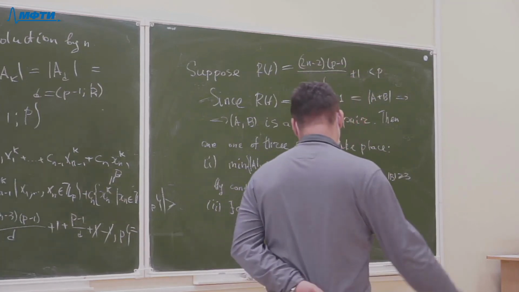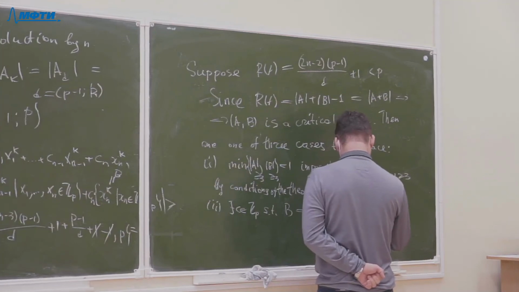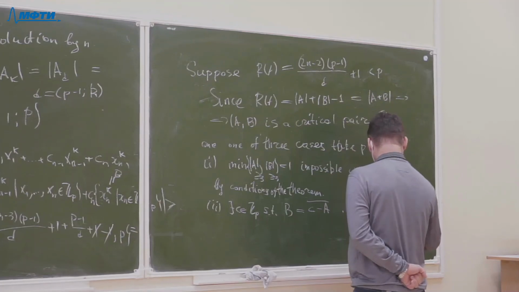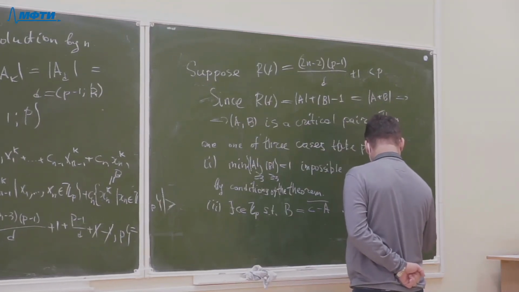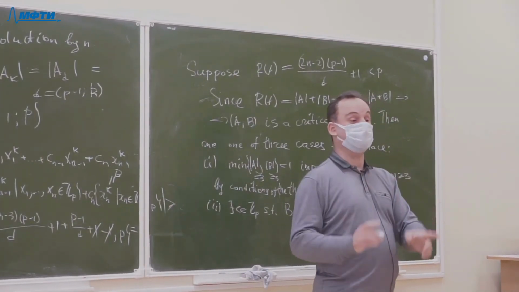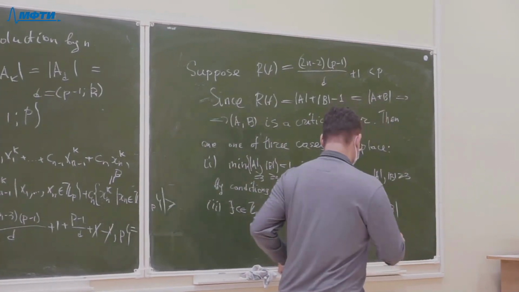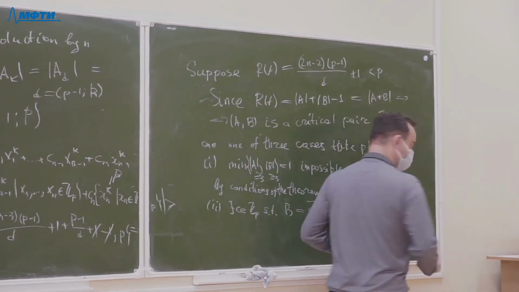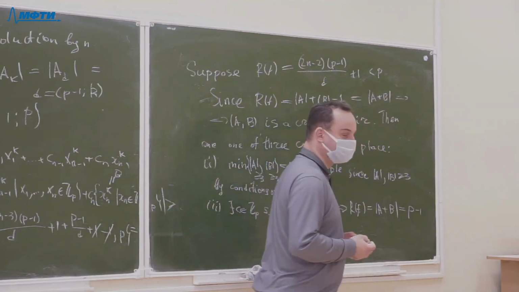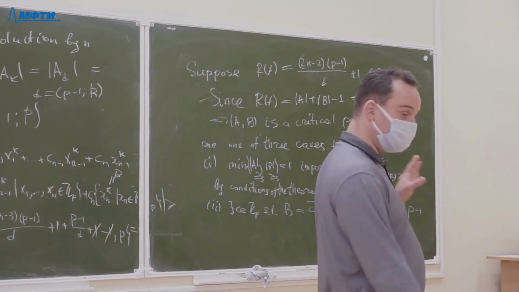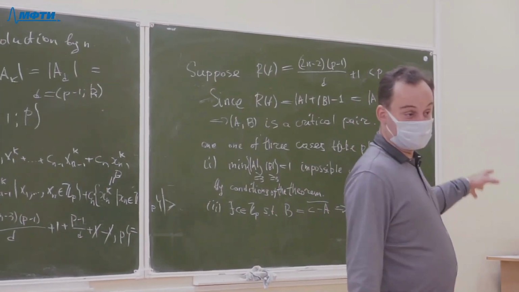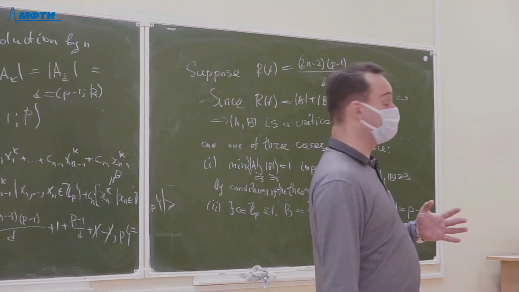Just because the range of the form is the size of A plus B. But in this case, A plus B has cardinality exactly P minus 1, right? This is the specific case when A plus B in size is P minus 1.